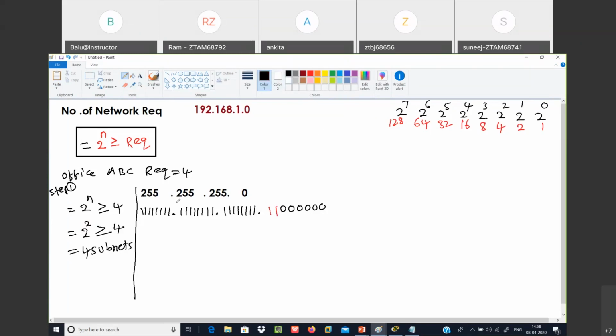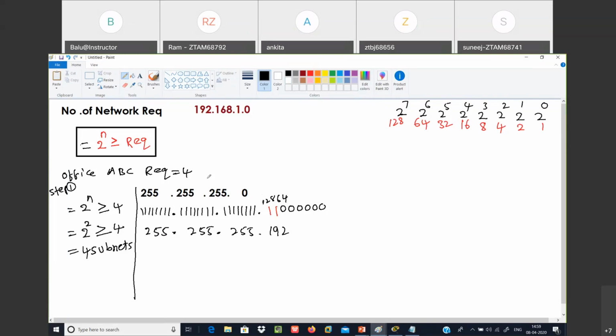After conversion, again you have a subnet mask: all ones is 255.255.255, and the last octet has first bit value 128, second value 64. 128 plus 64 is 192.